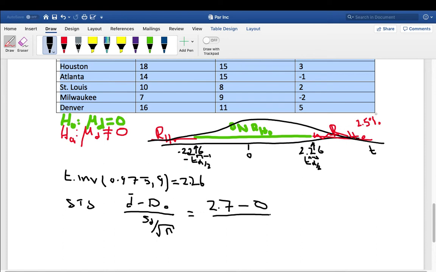It doesn't have to be, but a lot of the time it is. Then we said that the standard deviation is about 2.91, and divide that by the square root of the sample size, which is 10.